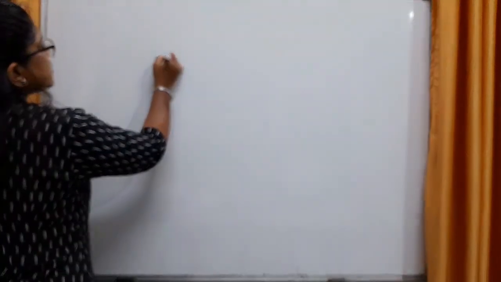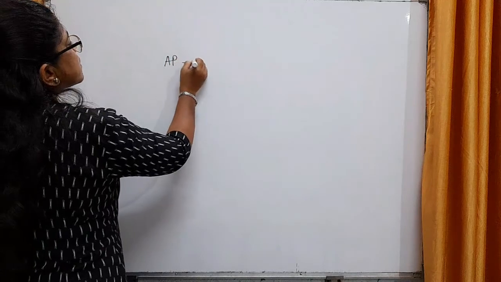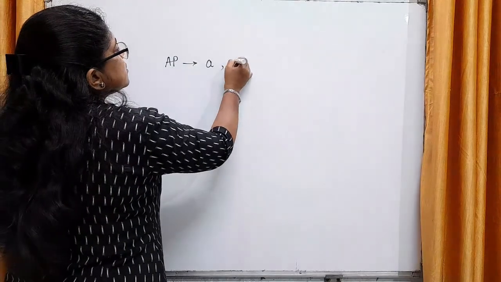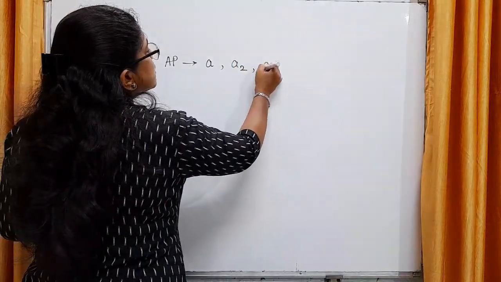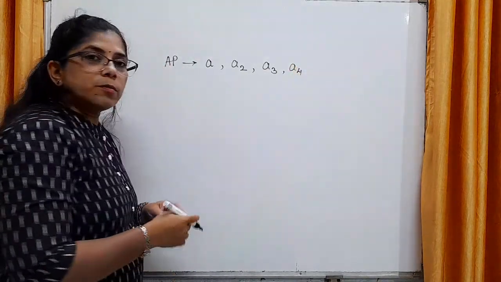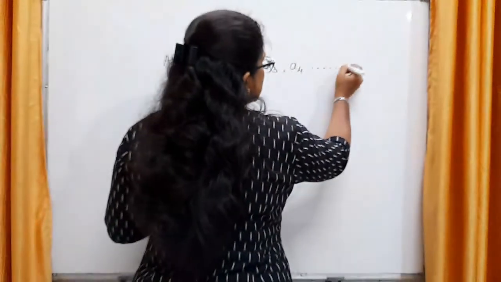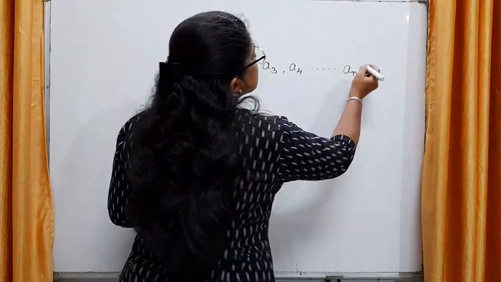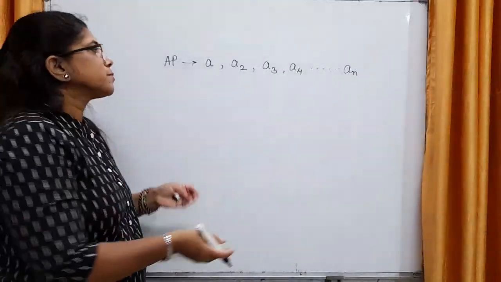Now, when we have one AP, there are terms involved in that AP. a is our first term, a or a1, it's one and the same, first term. Then second term is a2, third term is a3, fourth term a4 and so on. If there are n terms in the AP, an is the nth term.